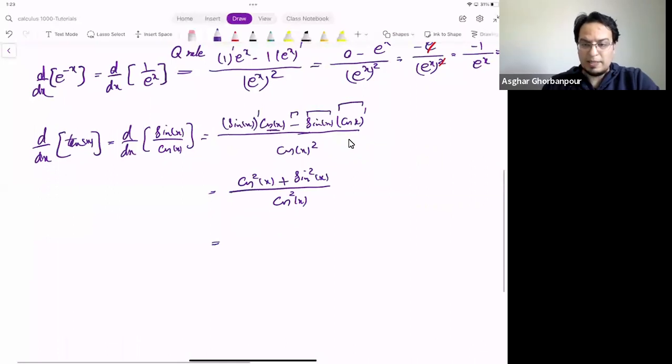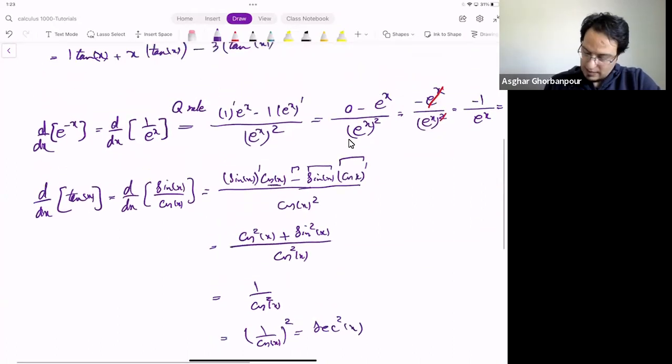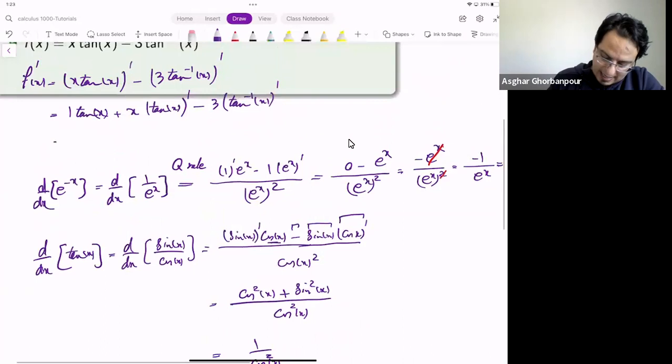So cosine squared plus sine squared is 1, over cosine squared x. And that's the same as writing 1 over cosine x to the power 2, which is secant squared. So I found the derivative of tan, it is secant squared.